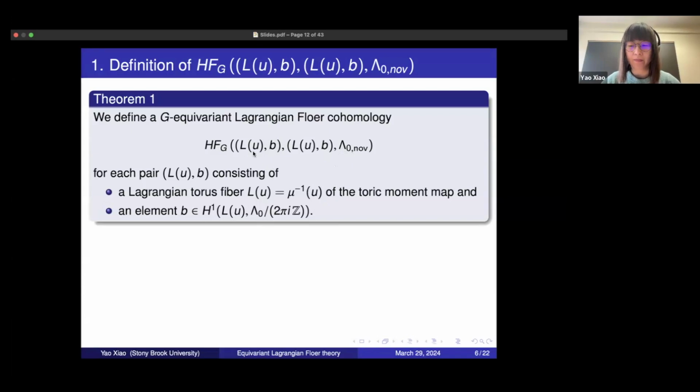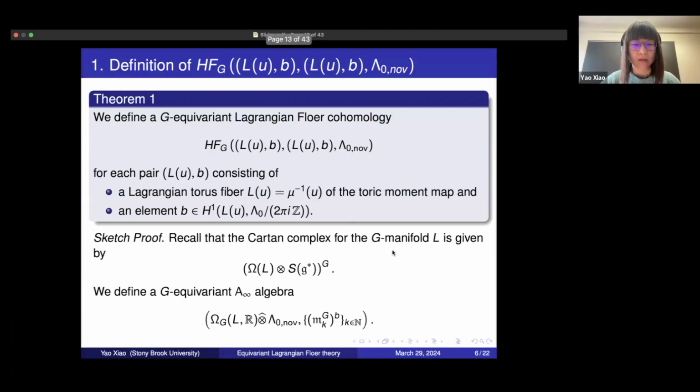So let me remind you what a Cartan complex is. The Cartan complex for the G-manifold L is given by the G-equivariant differential forms, by which I mean the G-invariant elements of the tensor product between the de Rham complex of L and the symmetric algebra on the dual of the Lie algebra.